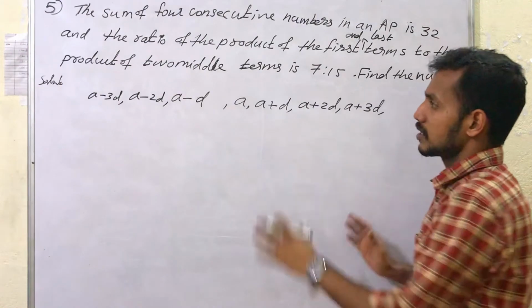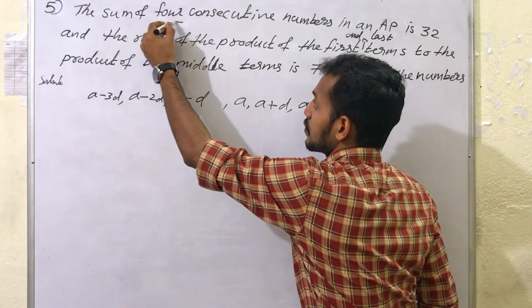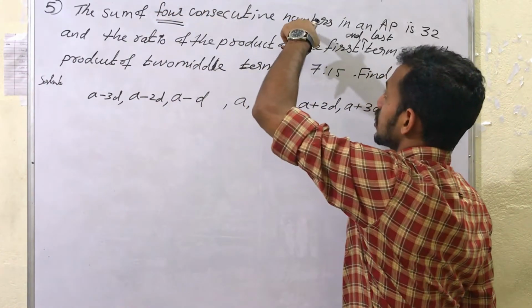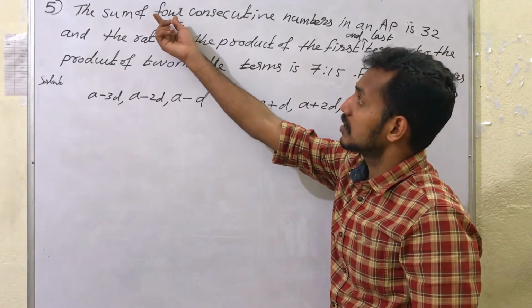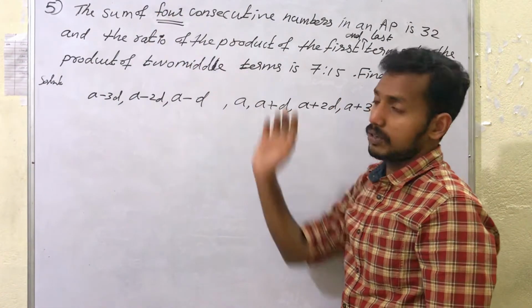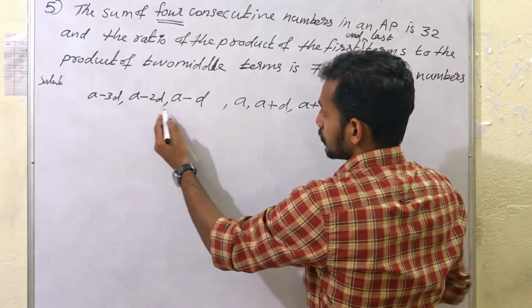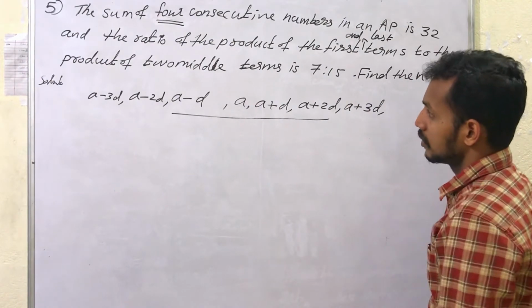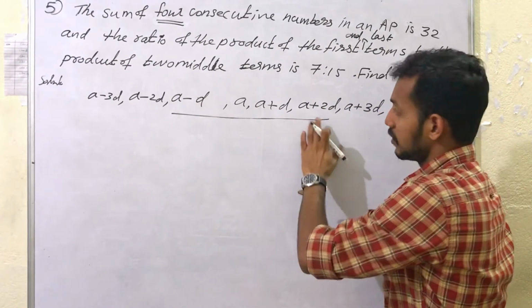These are the terms, let's consider. Here it is 4 consecutive terms, that means the number of terms is 4, that means even. Suppose if you take like this, what will be the problem? Here this d will be cancelled, but again d will be here.